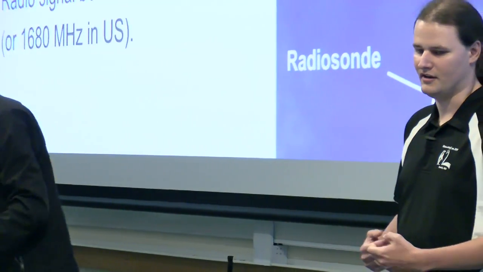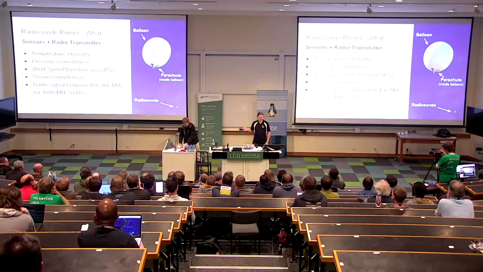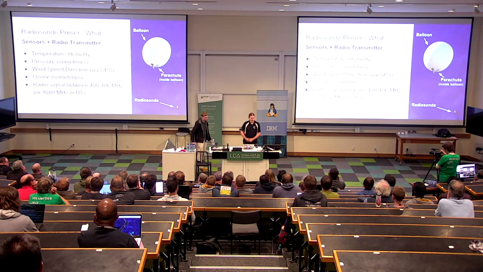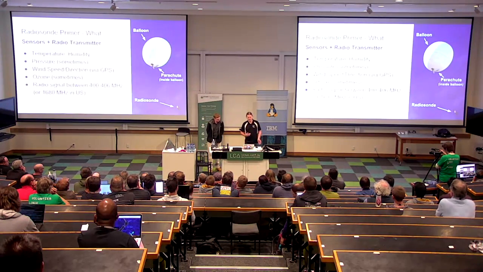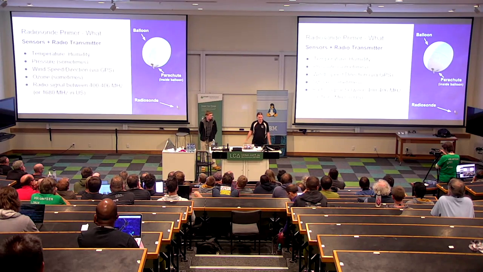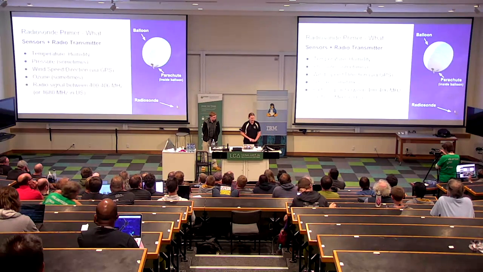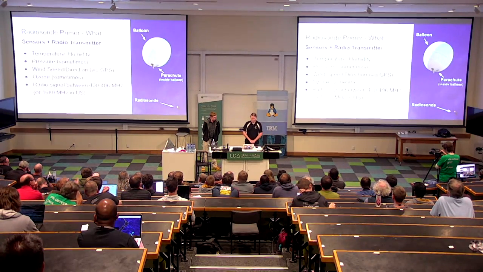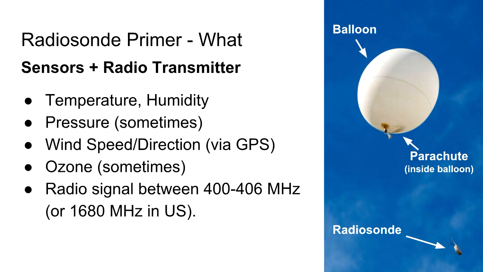Typically you have a radio signal that downlinks all the data. In Australia and New Zealand, that's somewhere between 400 and 406 megahertz. In the US, it's a little bit higher at 1.6 gigahertz. Inside the radiosonde is also a GPS receiver, and that's what we use to work out where the radiosonde is, so we can work out what the wind speed is.